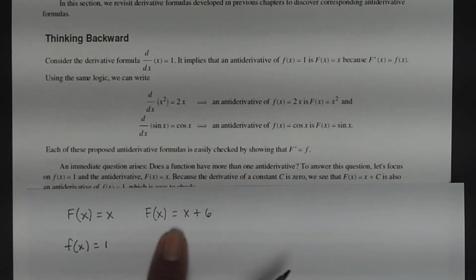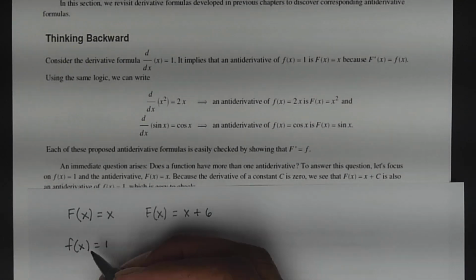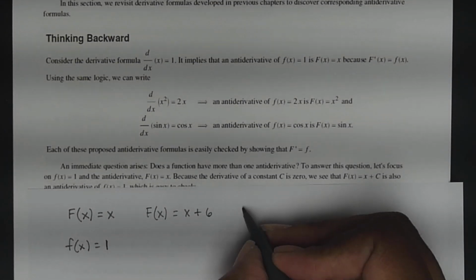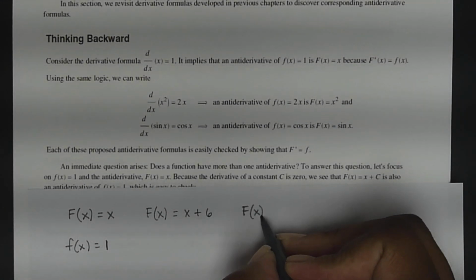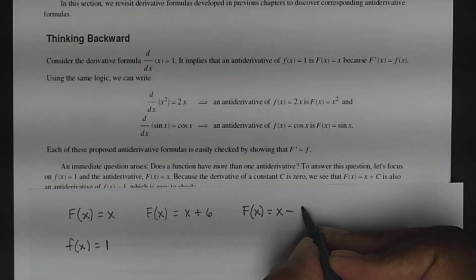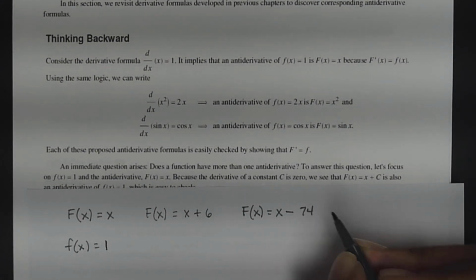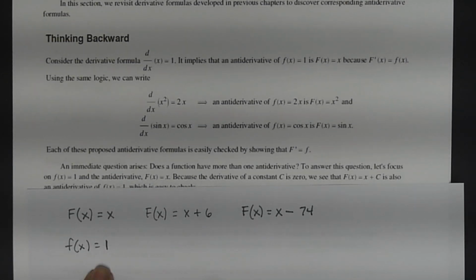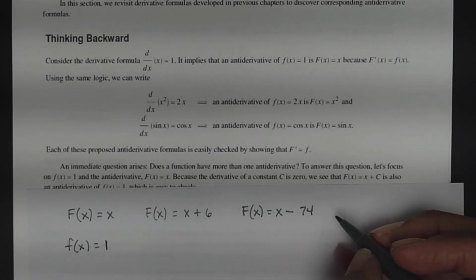If I take its derivative, I would get 1 again, because the derivative of x is 1, and the derivative of a constant, of course, is 0. Or, let's say capital F of x is x minus, let's say, 74. If I take its derivative, I'm also going to get lowercase f of x, which is 1.